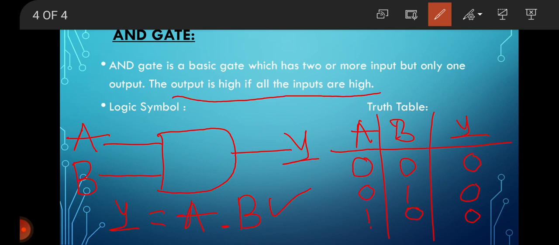Apply 1 to A and 1 to B, and we get 1. Therefore, we see that the output is high only if all the inputs are high. Here A is high and B is also high, then we get a high output. So this is nothing but the AND gate.